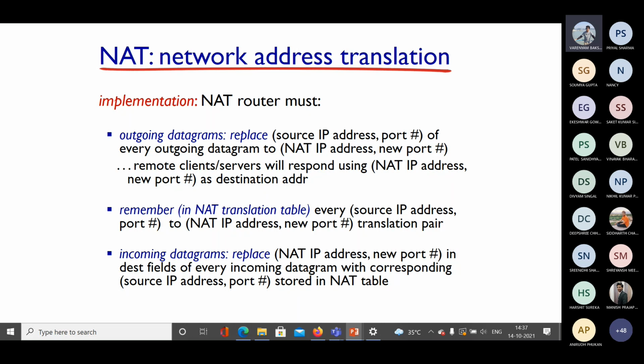Next, the entire load comes to the NAT router, because it must also have the NAT translation table.